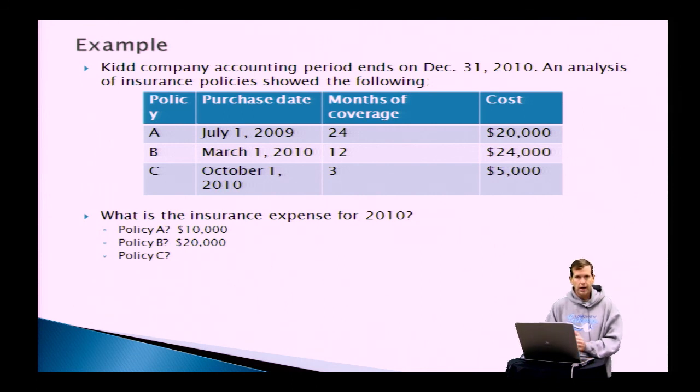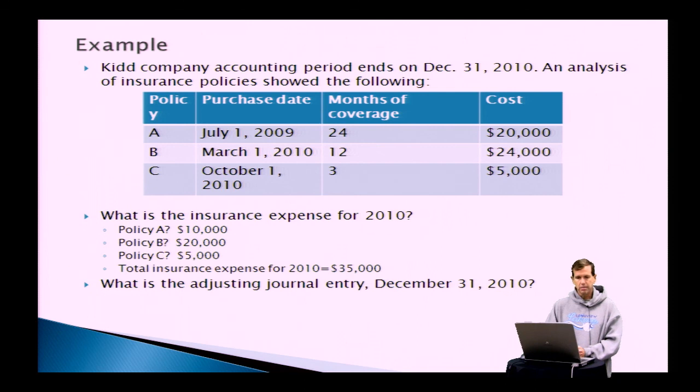Well, it's only a 3-month policy, right? So that means all $5,000 of it has expired. So our total insurance expense for 2010 is the $10,000 from policy A, the $20,000 from policy B, and the $5,000 from policy C, a total of $35,000.